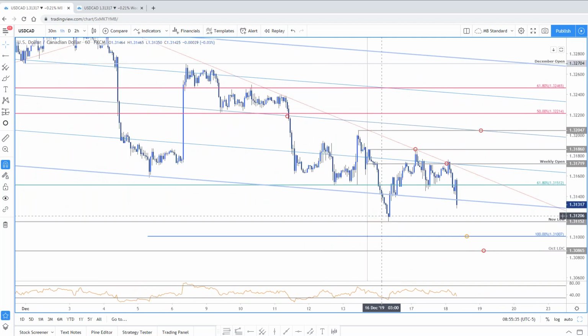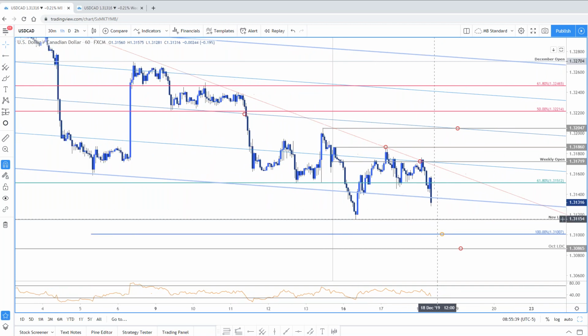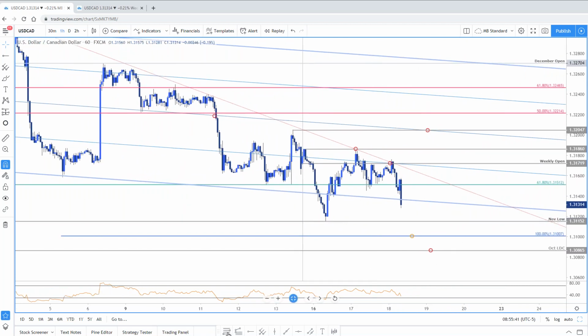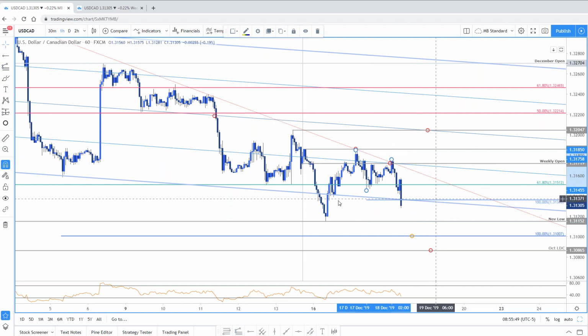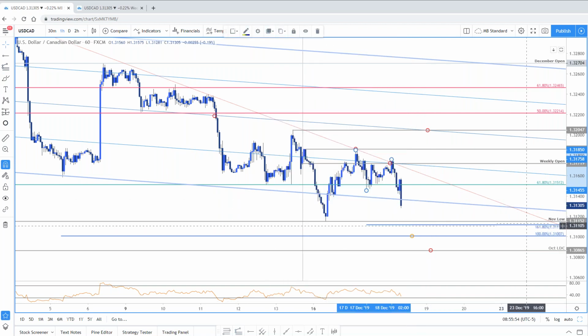This is the 60-minute. I'd need some slope, something. So 1618 extension of the decline from that high we just made takes you to 31.12. 31.15 is the November low and the weekly opening range low.